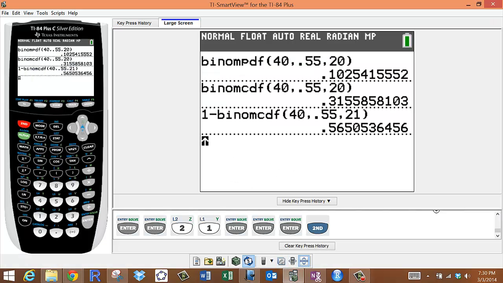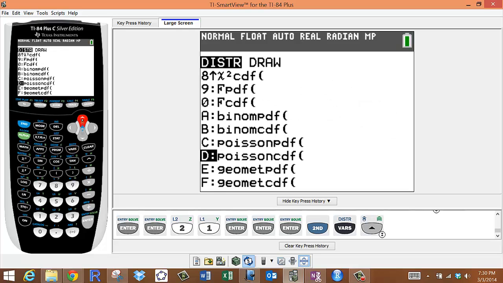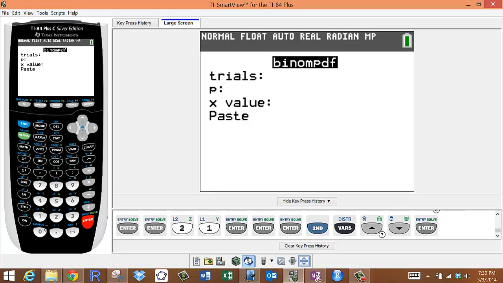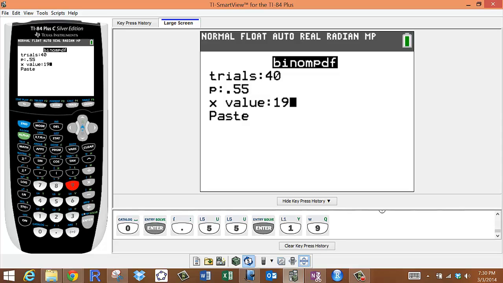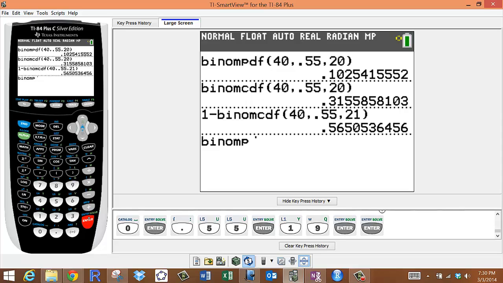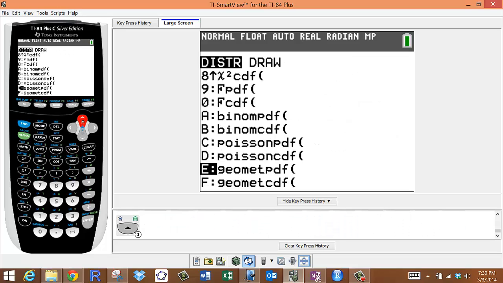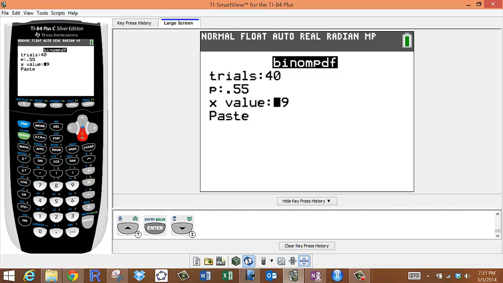So we'll do PDF, 0.55, 19, and then we'll add that to PDF evaluated at 20.